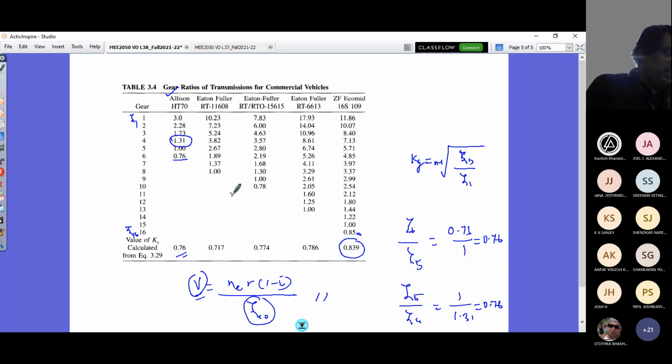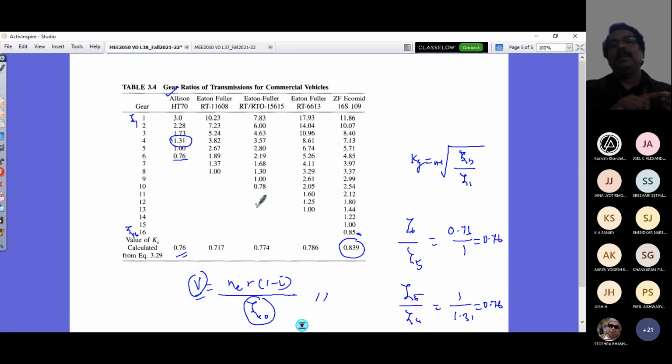Right. So I hope I have explained the basis of design of a manual gearbox. First consider the highest speed requirement of your vehicle and an appropriate engine selection, and then you go for the intermediate gears through geometric progression, and you get your kg and decide your engine operating speed, and then any one and any two are obtained.